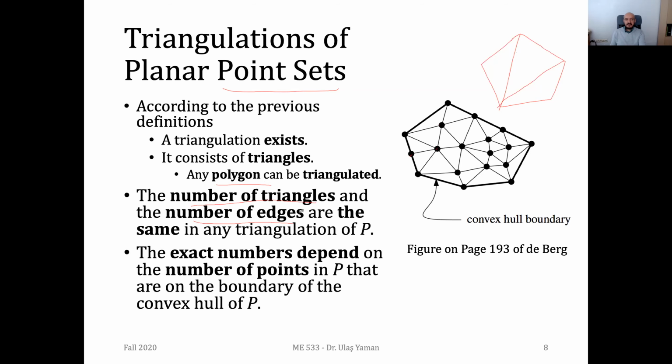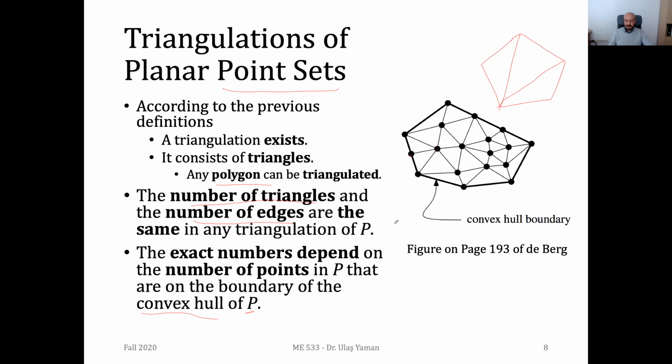But you shouldn't modify the points which are on the convex boundary of this point set P. This is called the convex hull. We discussed this issue, if you remember.